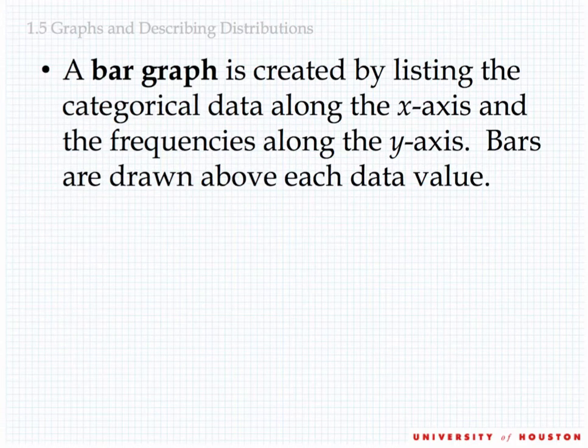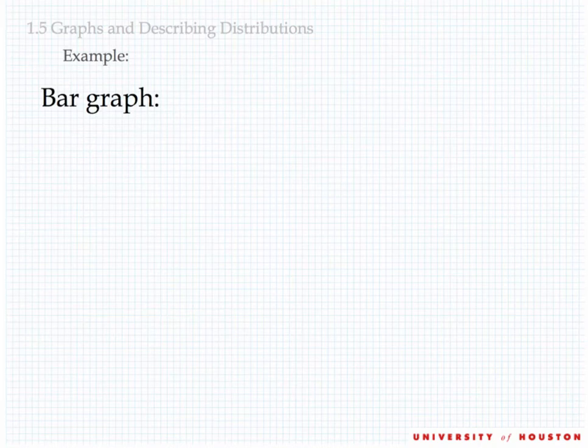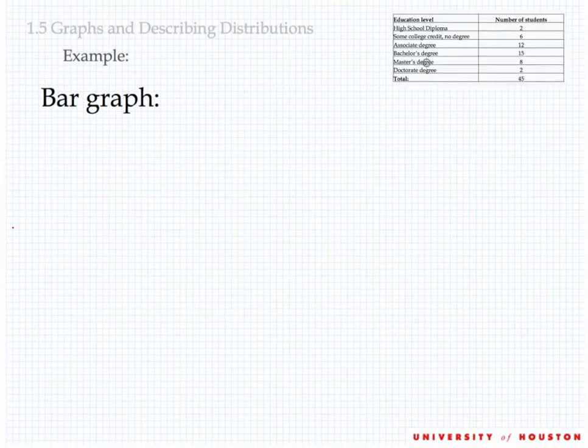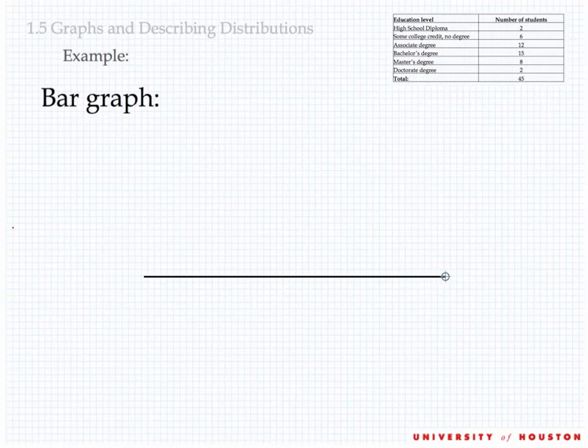A bar graph is created by listing the categorical data along the x-axis, and then the frequencies will be listed along our y-axis. Bars are drawn above each data value. So let's create a bar graph for our data. So here's our data up in the upper right-hand corner. I'm going to draw a horizontal axis and label it with our education levels.